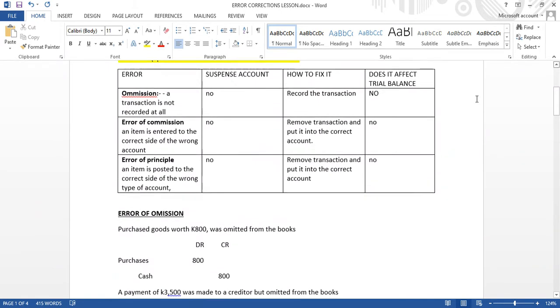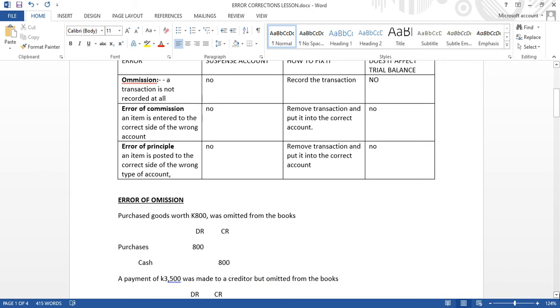How we fix this is we remove the transaction from the wrong account and put it into the correct account. So here again, you have to know your journal entry skills, because there will be a wrong entry on the wrong account, so you have to know which account it's supposed to go to.